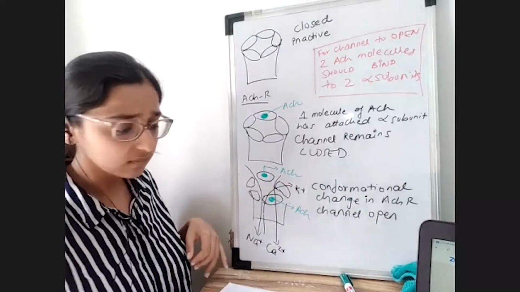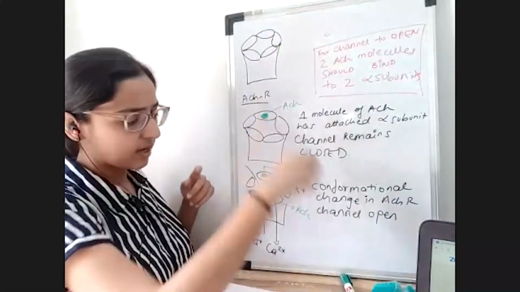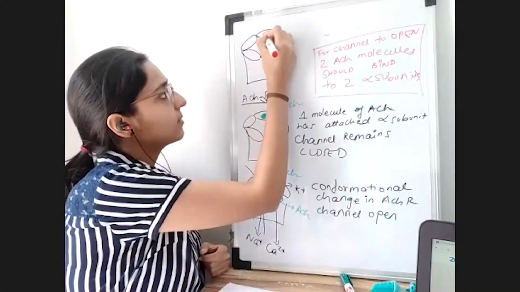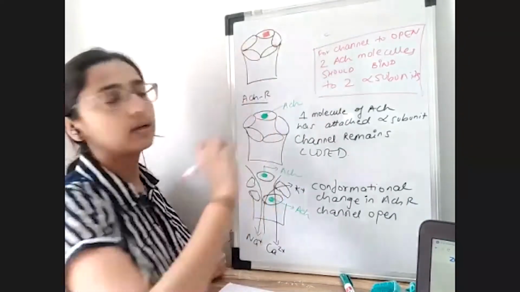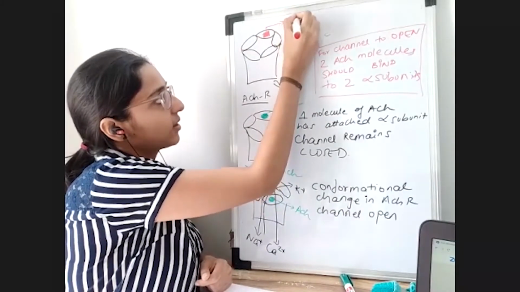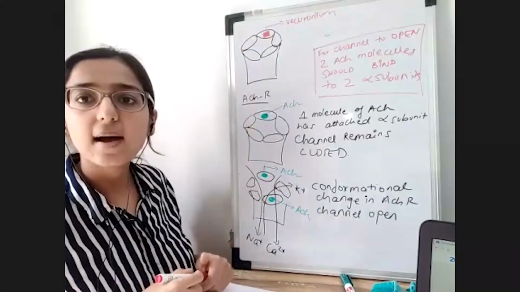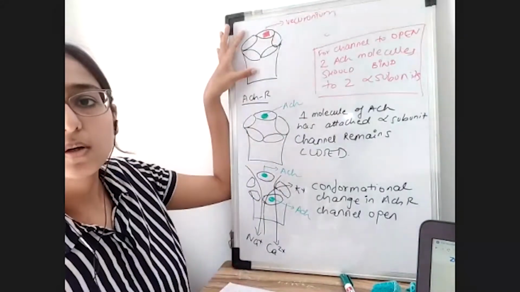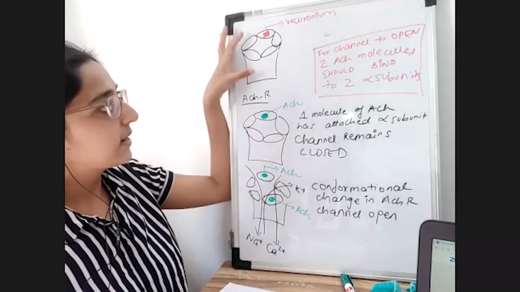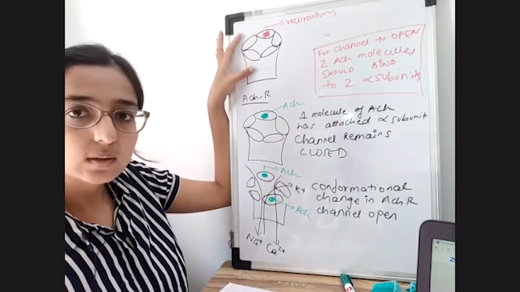Now, in case, here I have a channel on top. And now what has happened is that a molecule of relaxant has come and bound to it. Let's assume that this is vecuronium. Because vecuronium has come and bound to the receptor, acetylcholine cannot bind to the receptor.